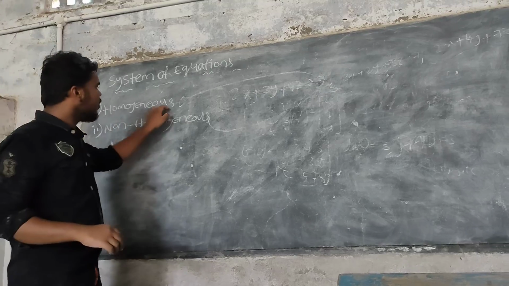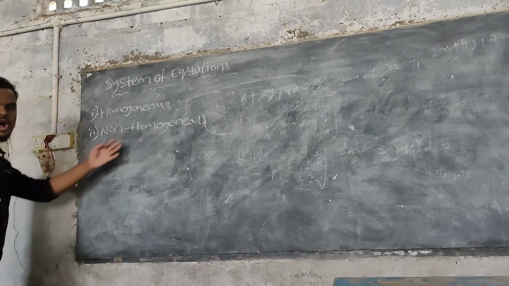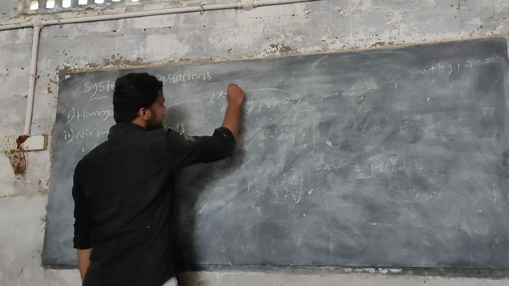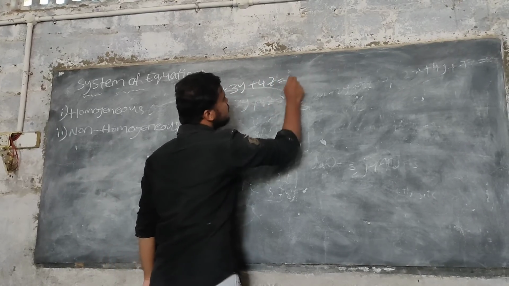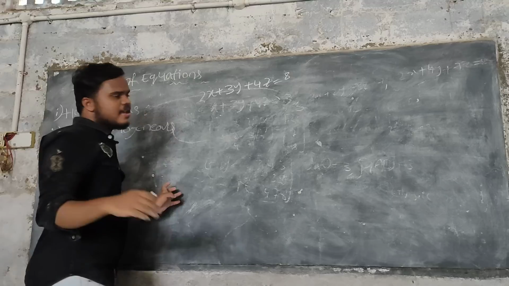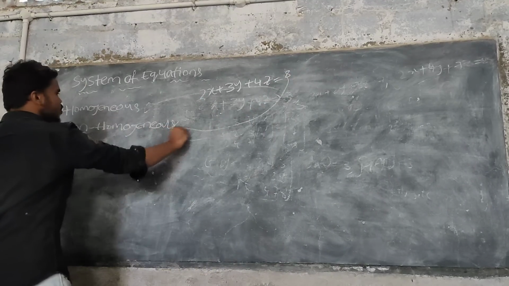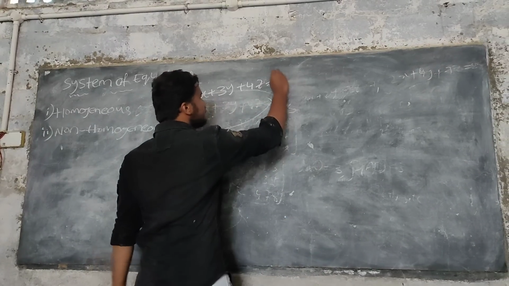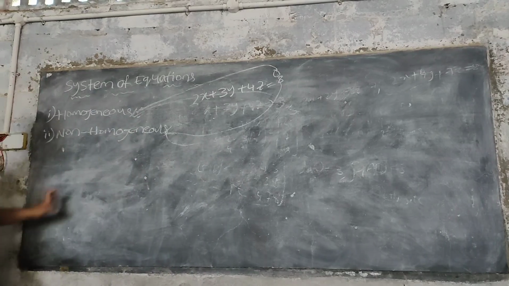First, make sure how to identify whether it is homogeneous or non-homogeneous. If the right side has any constant number, we call it non-homogeneous. If instead of a constant number we have 0, we call it homogeneous.